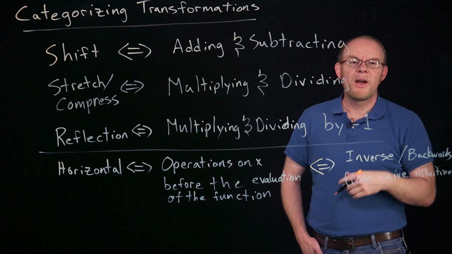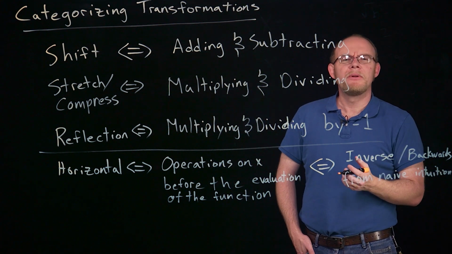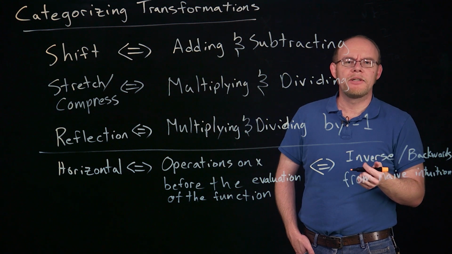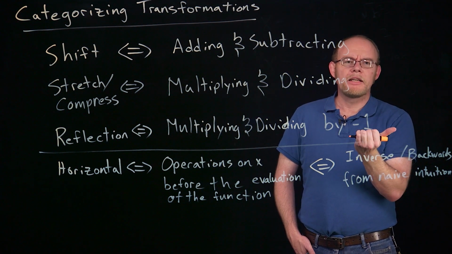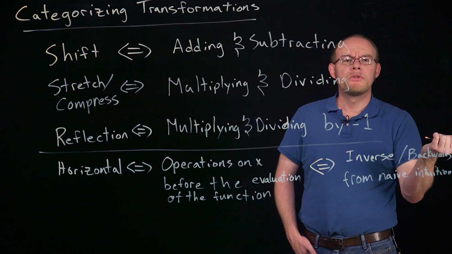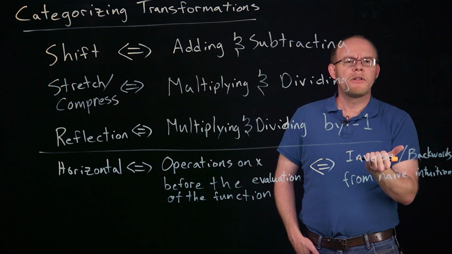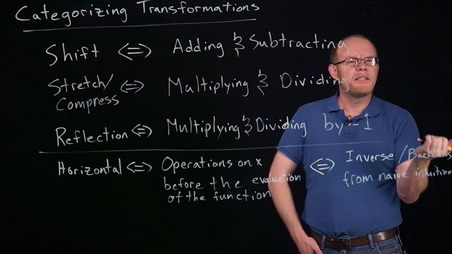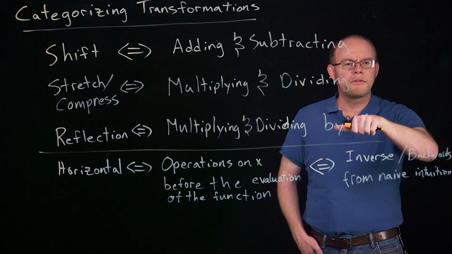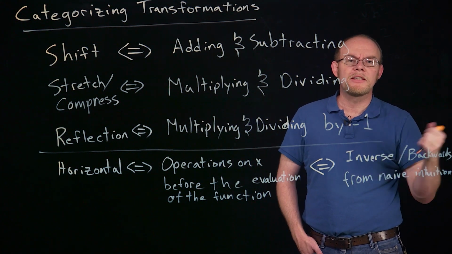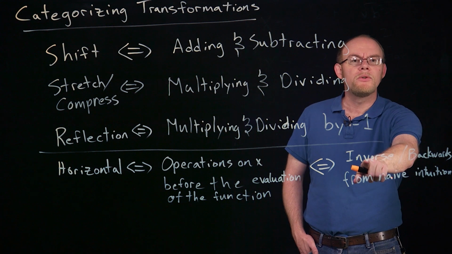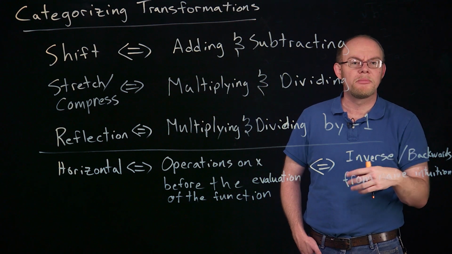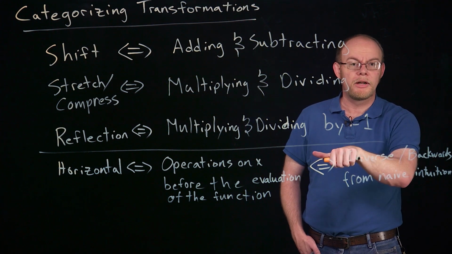For example, if you added something like 10 to x, you would think, oh, I'm adding 10 to the x variable, so that should be moving the graph 10 to the right. And then if you actually did that, it actually went to the left. So your initial guess, that positive x is to the right, is actually incorrect. You need to do the inverse operation, that is the opposite operation, which means you go in the negative direction.